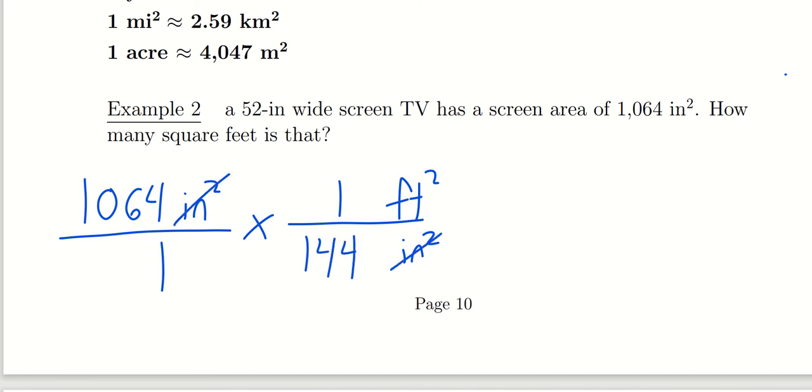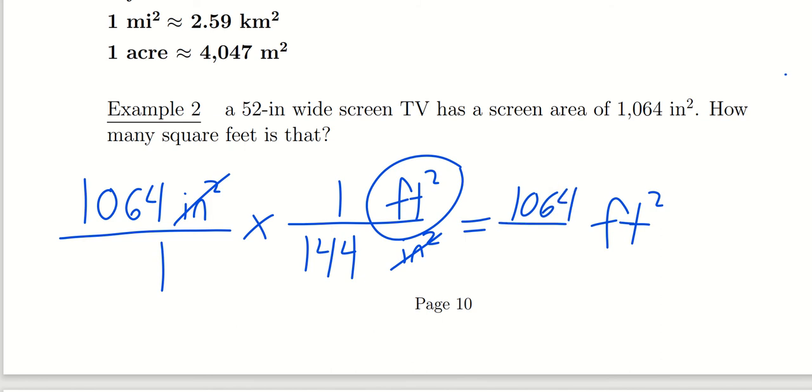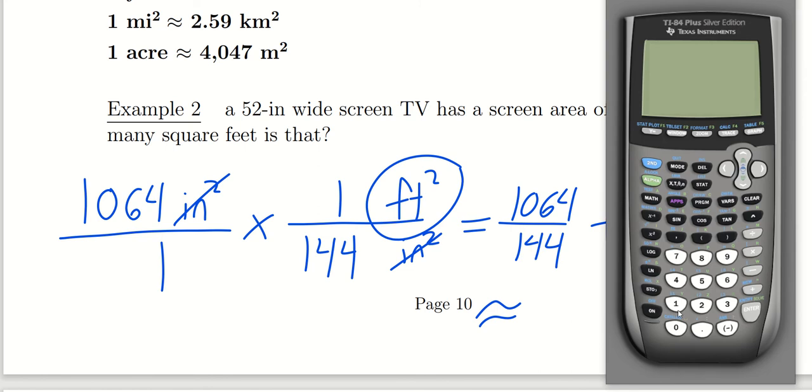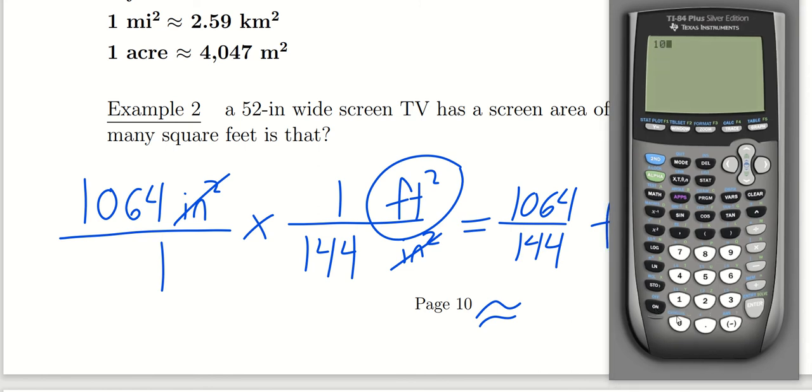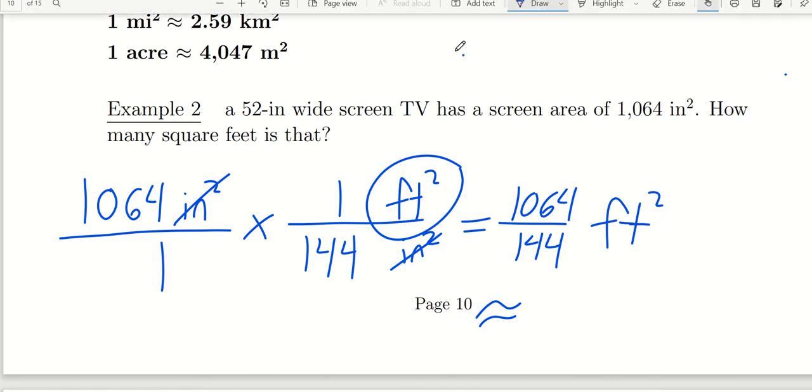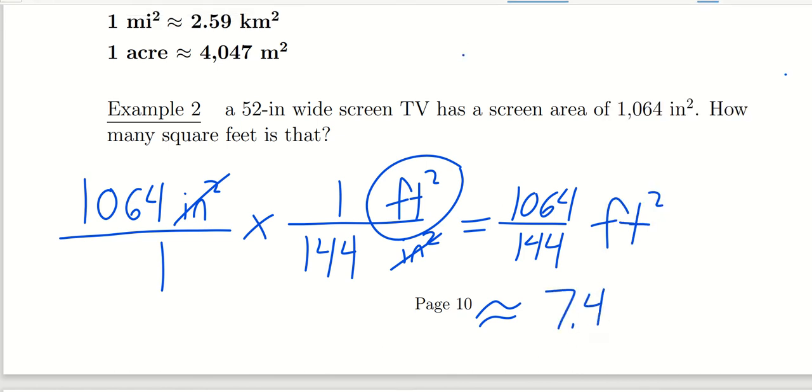This will get the inches squared to cancel, and my final unit will come out in terms of feet squared. We do all of the numerators multiplied together over all of the denominators multiplied together. And then for the last step, we simply divide: 1,064 divided by 144. That's approximately 7.4, so about 7.4 square feet.